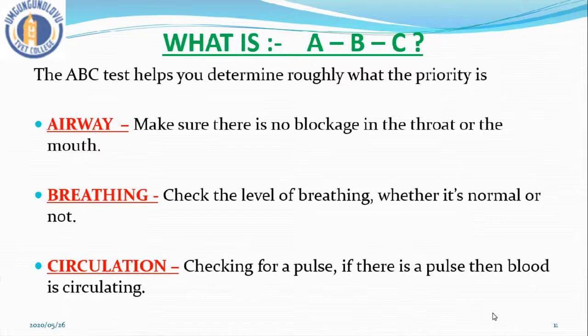When we speak of airway, make sure there is no blockage in the throat or in the mouth. Breathing. Check the level of breathing, whether it's normal or not. So if a person is gasping for breath or the breath is staggered, there's something to watch out for. Circulation is checking for a pulse. If there is a pulse, then blood is circulating.